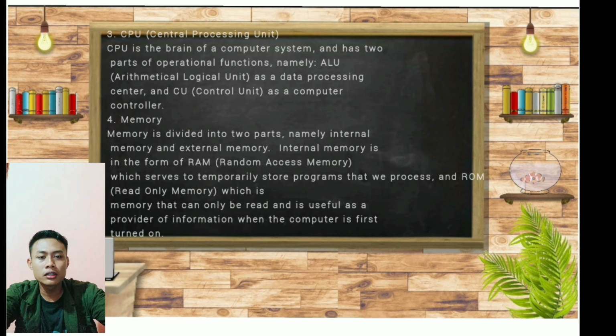Memory takes the form of RAM, random access memory, which serves to temporarily store the programs that we process, and ROM, read-only memory, which can only be read and is useful as a provider of information when the computer is turned on.